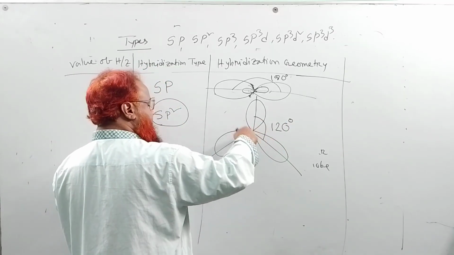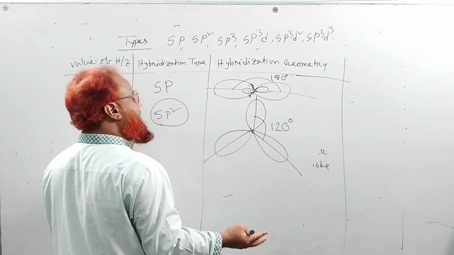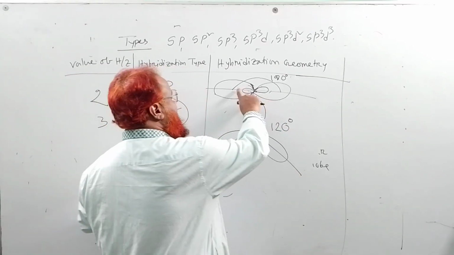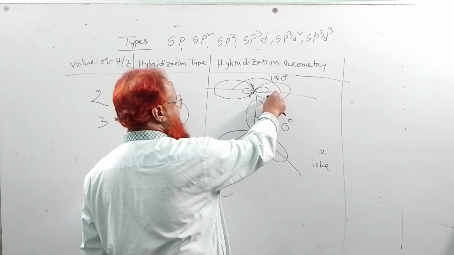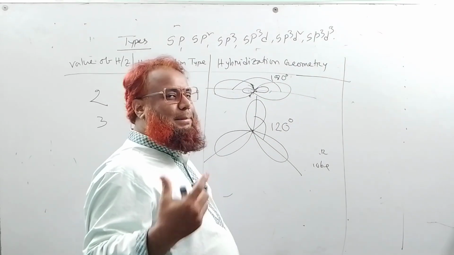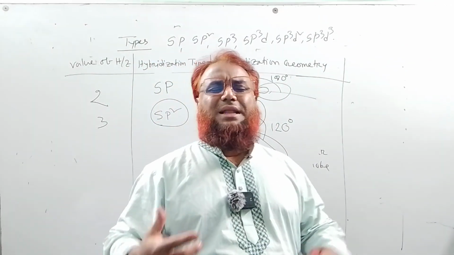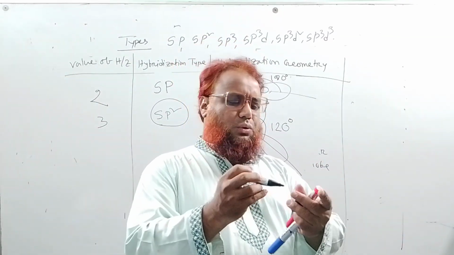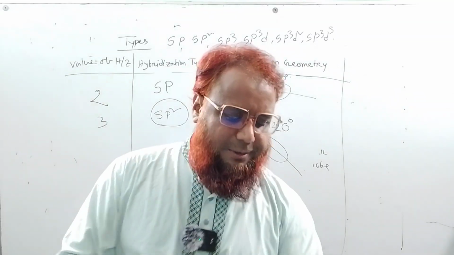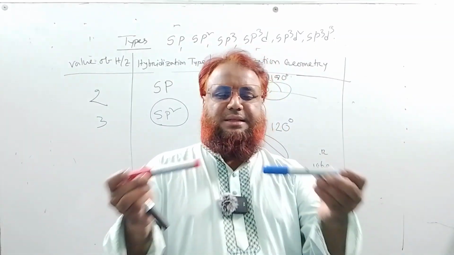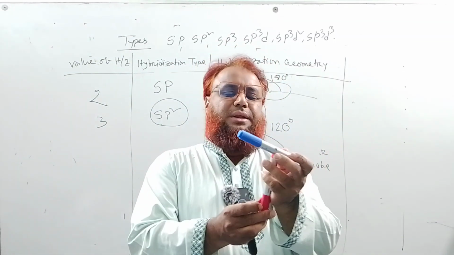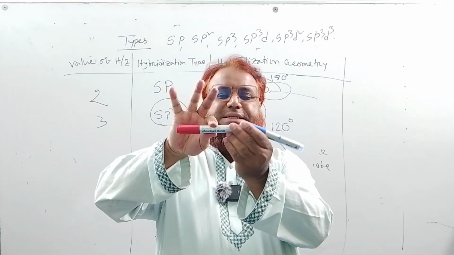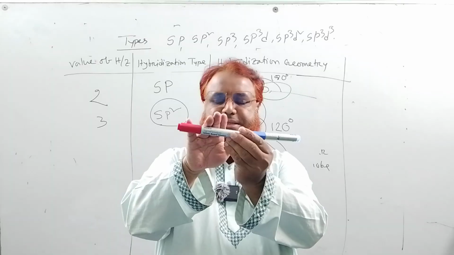Divide this 360 circle by 3, then every bond angle will be 120 degree, and here the maximum distance is 180 degree. Actually, the hybrid orbitals repel each other and they try to make the maximum distance from each other. So, 2 hybrid orbitals will make the maximum distance like this, which is 180 degree.